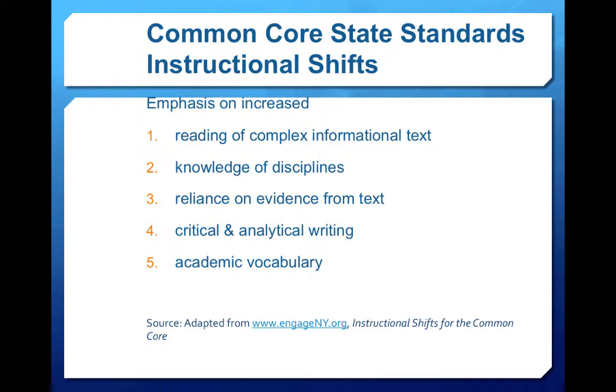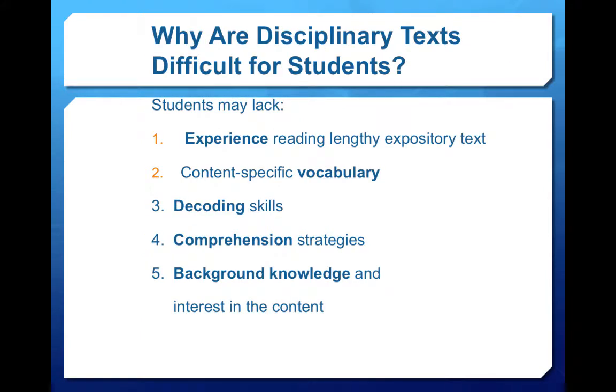The idea that the knowledge of the disciplines is important and that students need to be aware of the fact that each discipline approaches text differently. Focusing on evidence from the text, so when you are responding to a question, being able to cite evidence from the text in order to answer it. The idea of critical and analytical writing, so thinking about opinion and then argumentative writing, and then academic vocabulary.